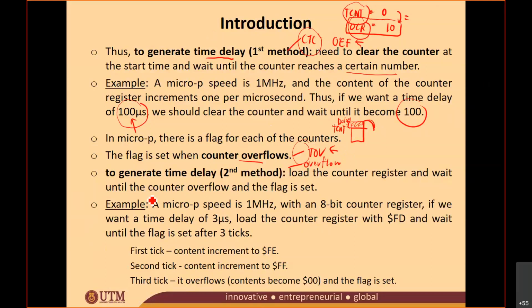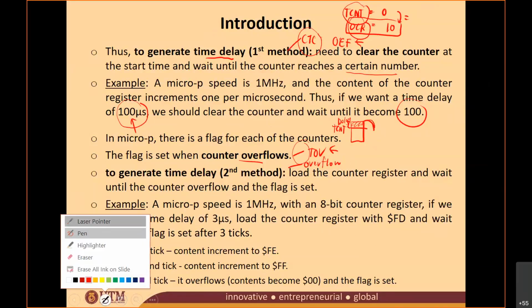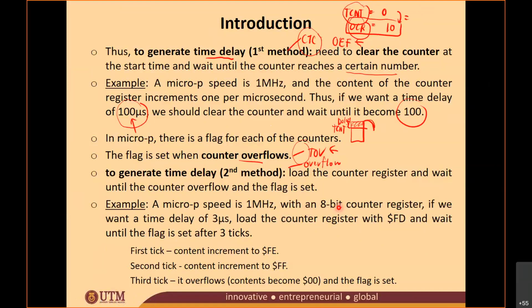Okay, for example here, the microprocessor speed is 1 megahertz with an 8-bit counter register. If you're going to make a delay of 3 microseconds, then what you need to do is load your counter register, which is your TCNT, with FD. And then wait until the flag is set after 3 ticks.